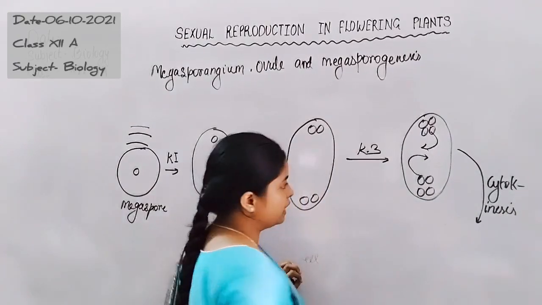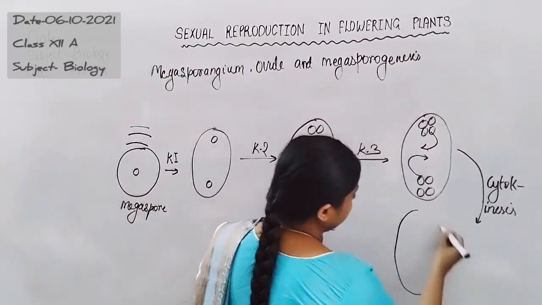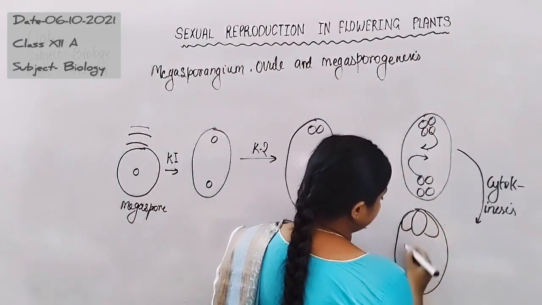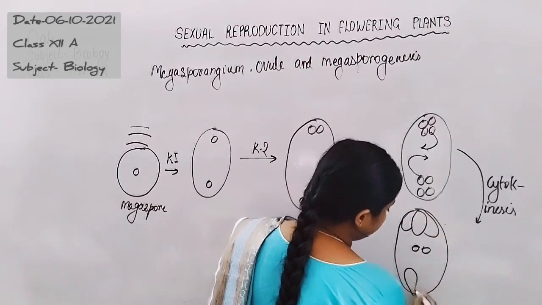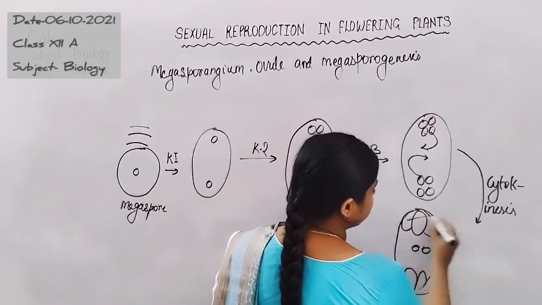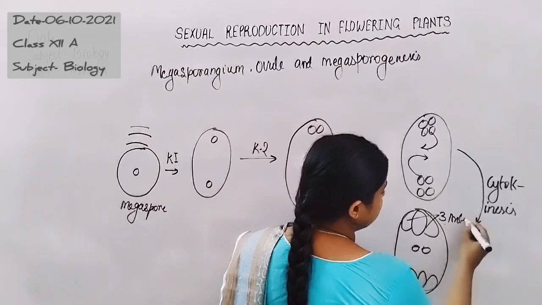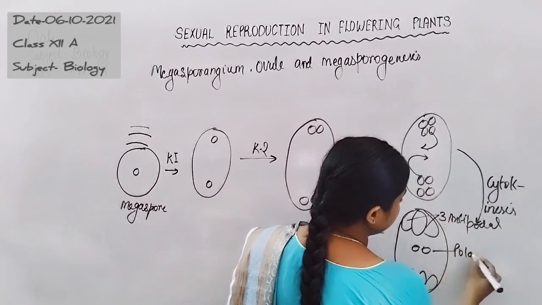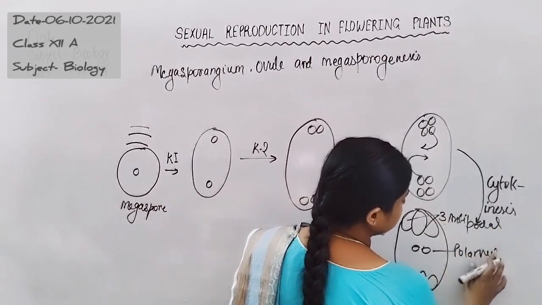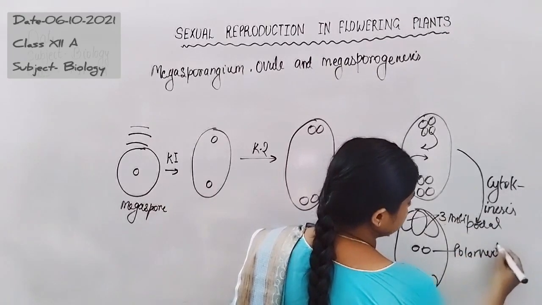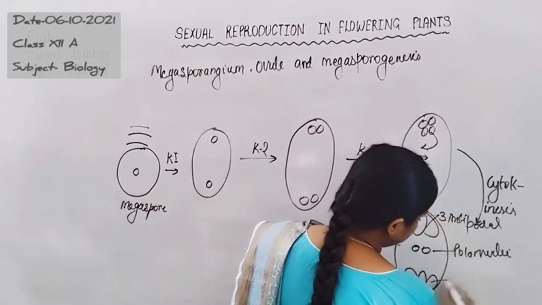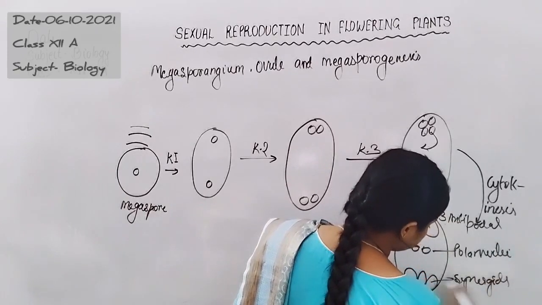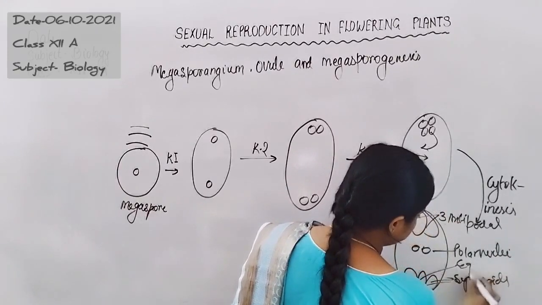Then cytokinesis takes place. From the cytokinesis, the aggregation of cytoplasm occurs, then polar nuclei and two synergids. Now, these are the three antipodal cells, two polar nuclei, two synergids and the egg cell, only one.